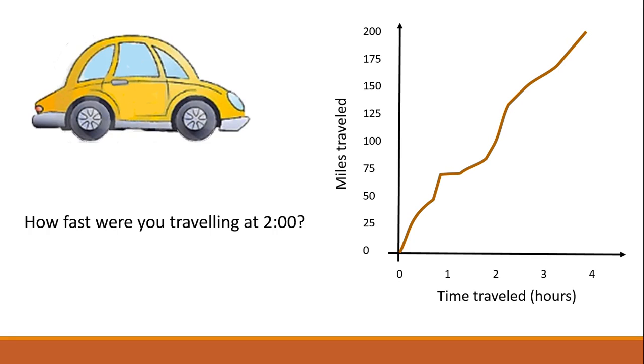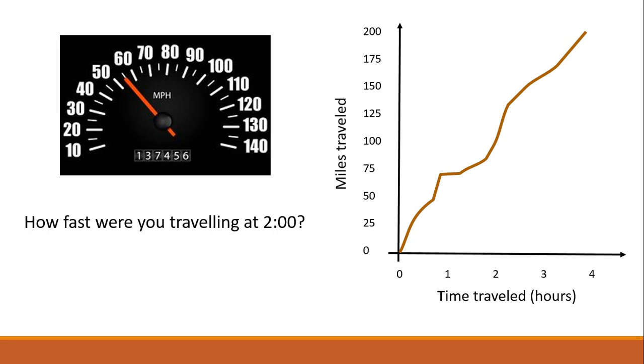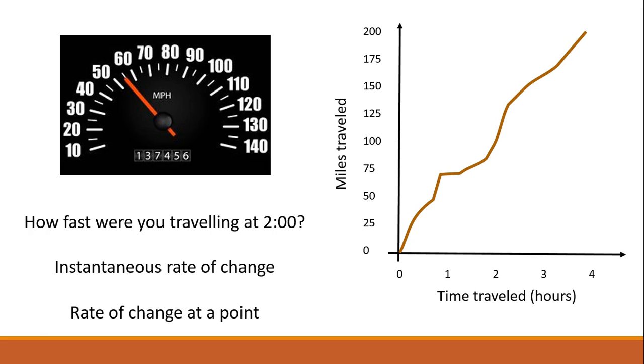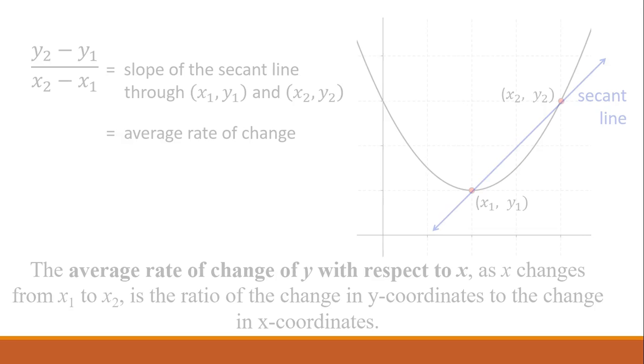If we're looking for a speed at a precise point, it's as if we just glanced down at the speedometer to check what our speed was. And in order to find that speed, to find that rate of change, we need to find an instantaneous rate of change, which is the rate of change at a point.